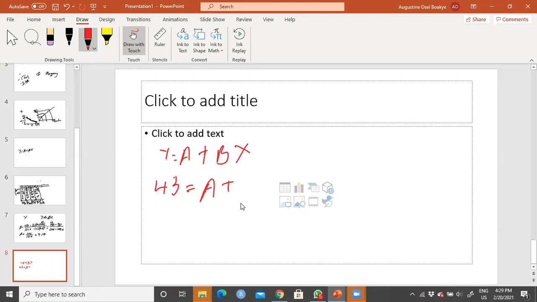Yeah, it's 9.17. Then we know x also to be 4.6. Good. So this one is just changing of subject. Okay, let's do the right part first. 43 is equal to a plus, please multiply 9.17 by 4.6 for me.